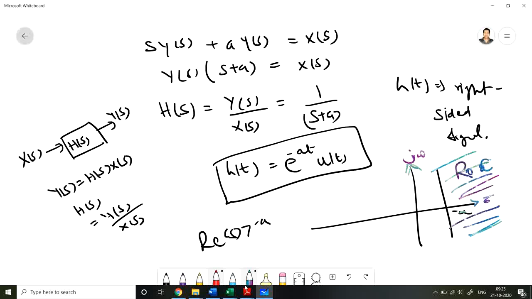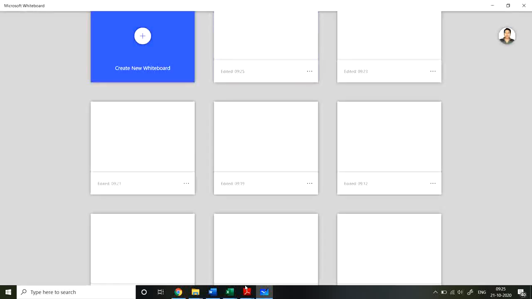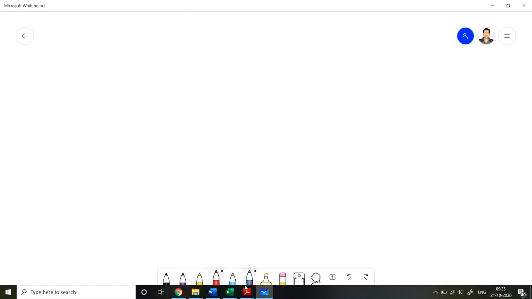Okay, so in this manner we can solve problems like this, and let us do another problem related to a differential equation. Find H(s) of the system.